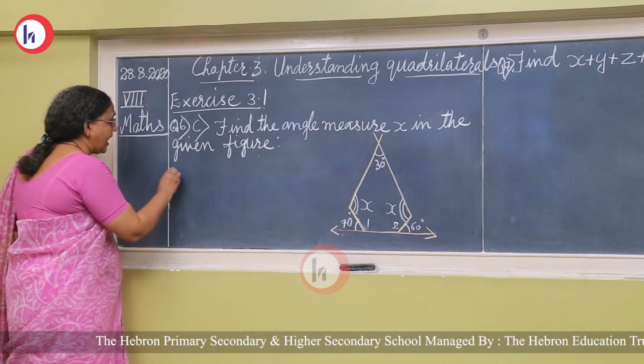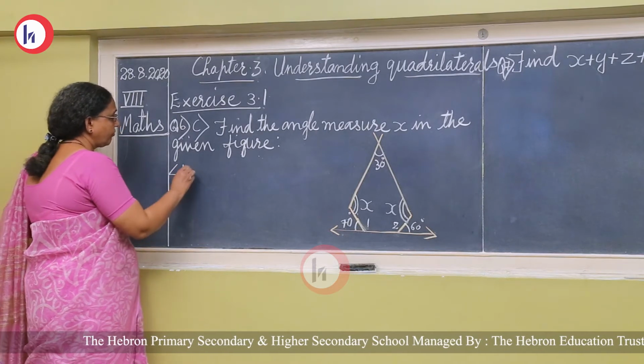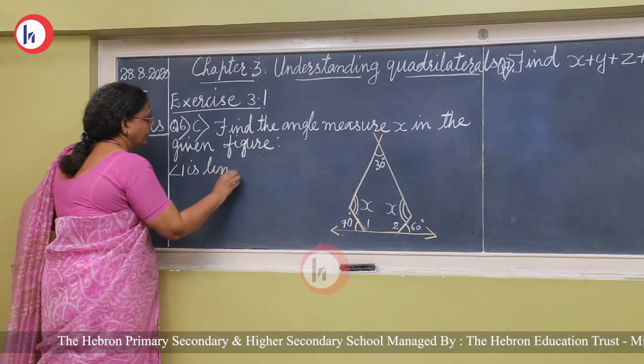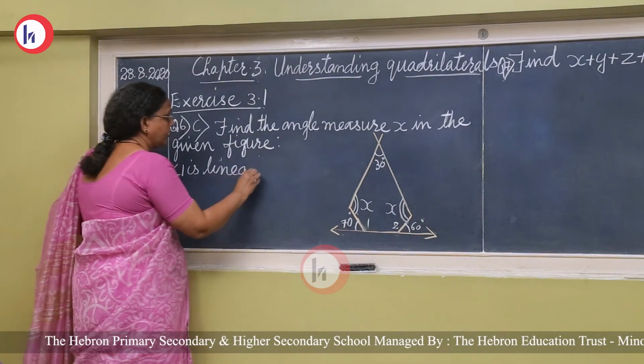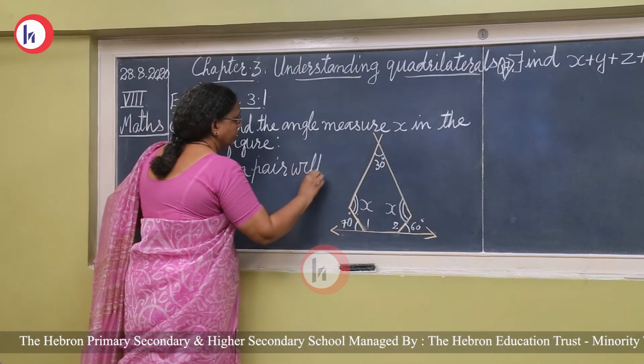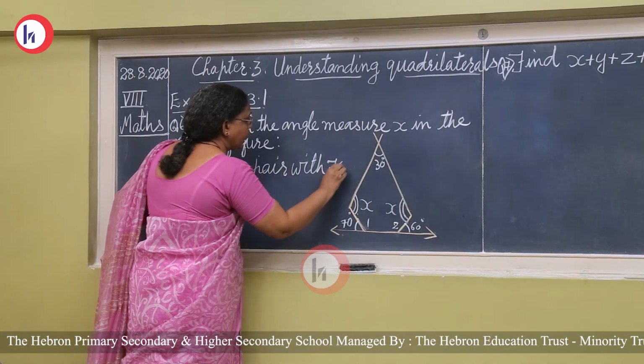Number 1, that is angle 1, is a linear pair with 70 degrees.